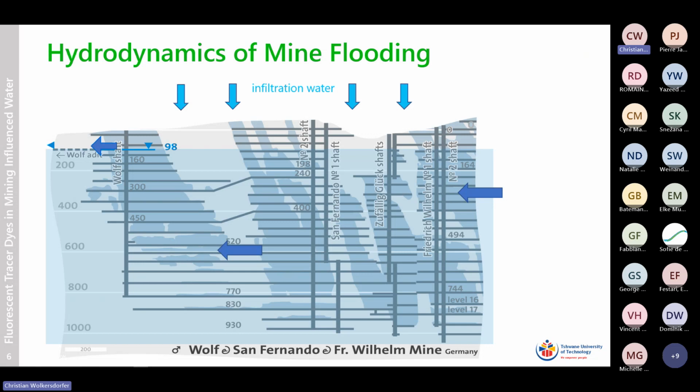Obviously it doesn't have to be only one point of discharge. It can also be several points of discharge. This really depends on the setup of the mine. So there is a general flow direction inside the mine, but in mines there can also be flow, and you see this down here, between shafts, a convection cell where water is flowing up, then flowing horizontally, and then flowing down.